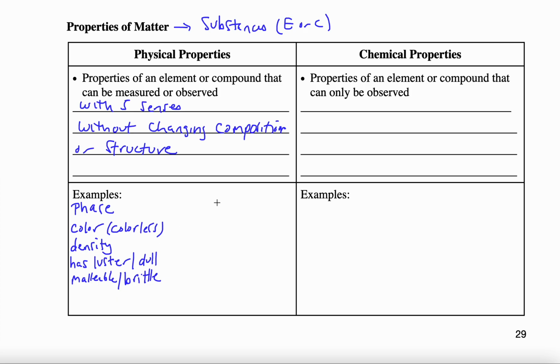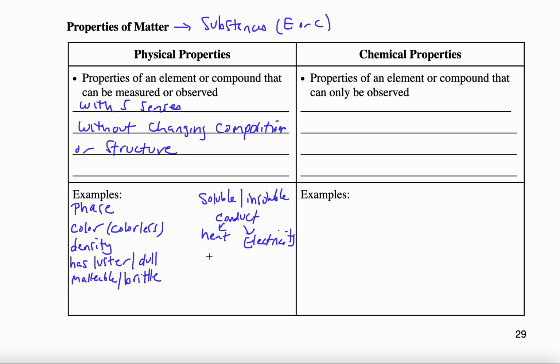What happens when you put the material in water? So we can look at whether it is soluble or does not dissolve, insoluble. Does it conduct? So does it conduct heat? Does it conduct electricity? Or does it conduct both?